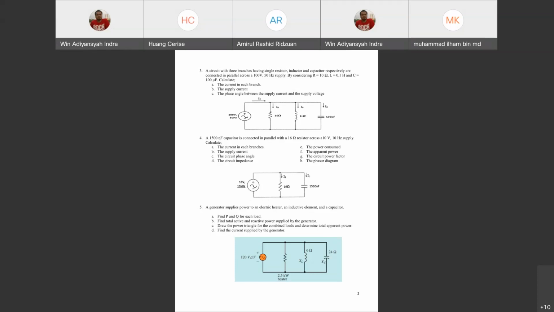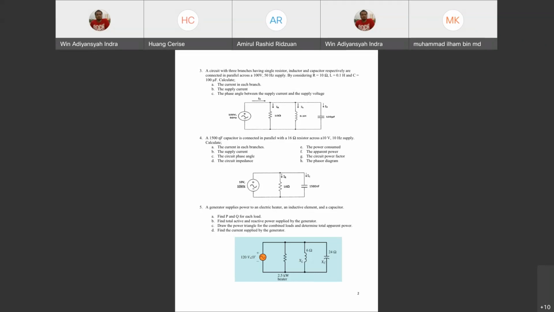The current in each branch, meaning you have to find IR, IL, and IC. Those are the currents for each branch: the current that goes through the resistor, the inductor, and the capacitor. B, supply current.